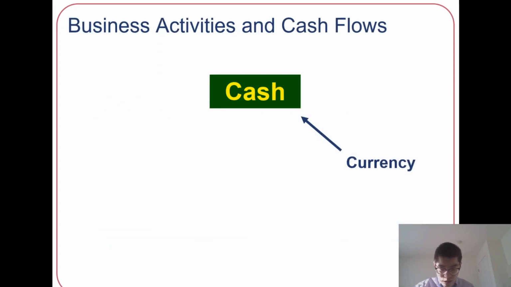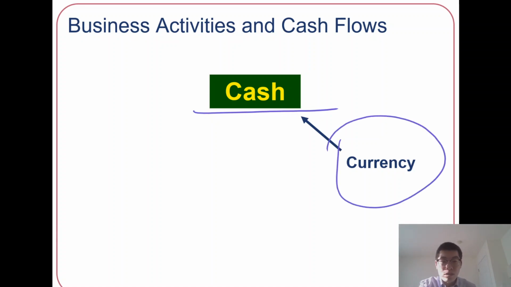First of all, what is cash? In terms of the definition for cash, there's a little bit of difference from the general definition. In general, we talk about currency: U.S. dollars, Chinese currency, Japanese yen, European euros.